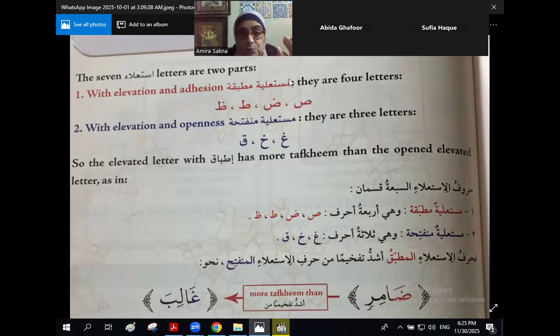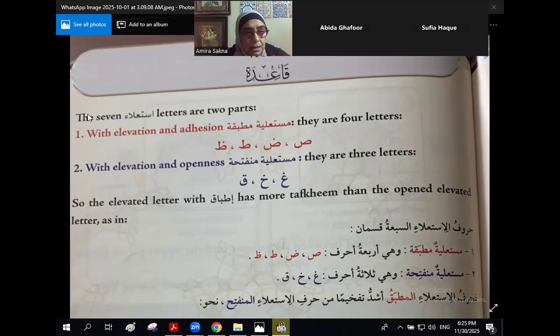Remember that the tafkhim with those four is going to be more than with those three, and they are all elevated letters. Do not forget that. And we said that it will be more obvious and more noticeable when we pronounce it with kasra. But always there is a difference. We are going to read this from the book of Dr. Aymen Swaid. May Allah reward him.